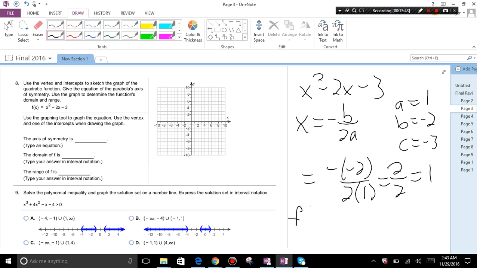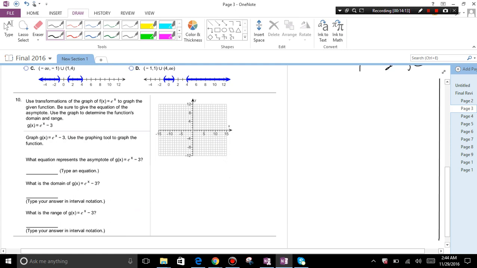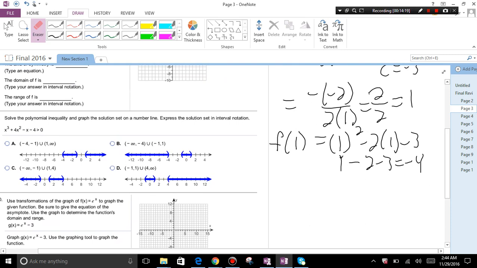To find the y-coordinate of the vertex, you plug in 1 into the function f of x, and you get 1 squared minus 2 times 1 minus 3, which is equal to 1 minus 2 minus 3, which is -4. The vertex is (1, -4).